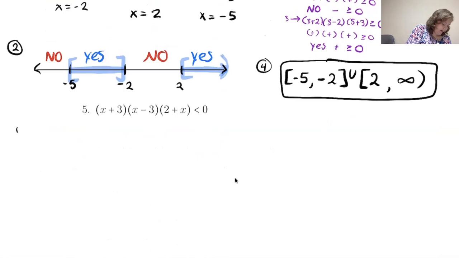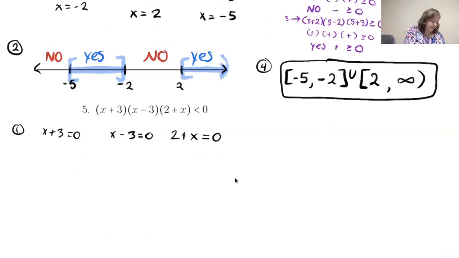All right, so number 5, step 1, set it all equal to 0. x plus 3 equals 0. x minus 3 equals 0. 2 plus x equals 0. This one we solve and get x equals -3. This one we solve and get x equals +3.